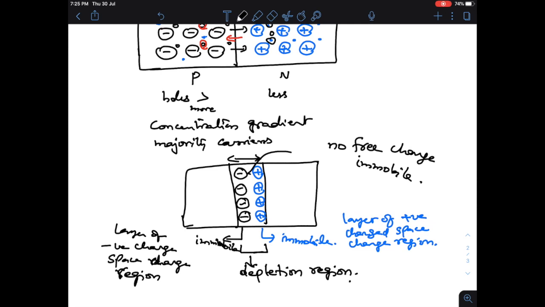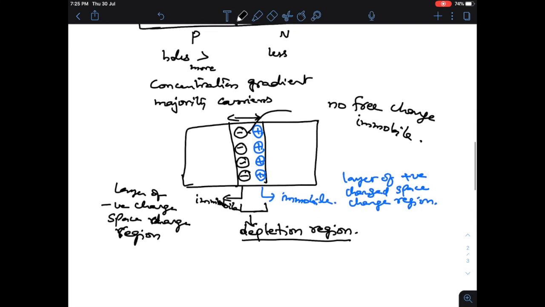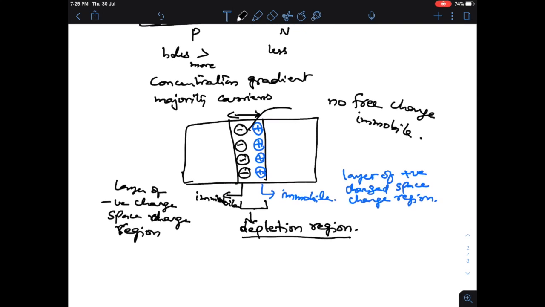Why is it called depletion region? Because there is no further movement of free charge carriers in this particular region. That means it is completely emptied of free charges. Therefore it is called depletion region.